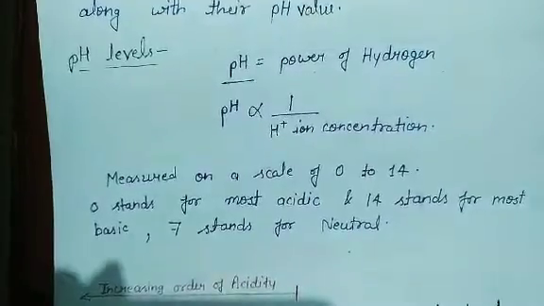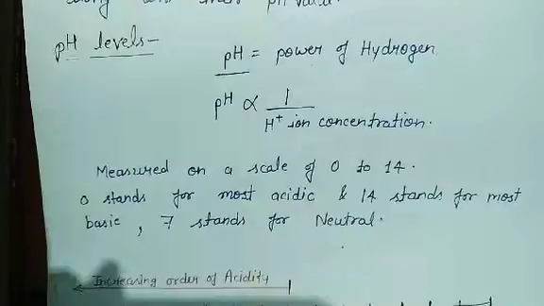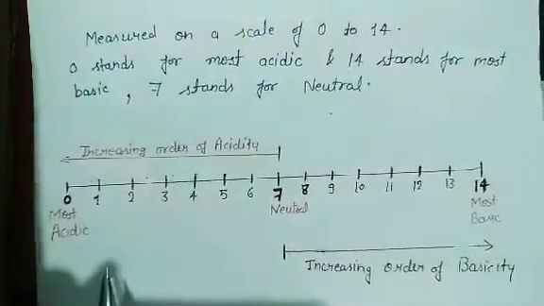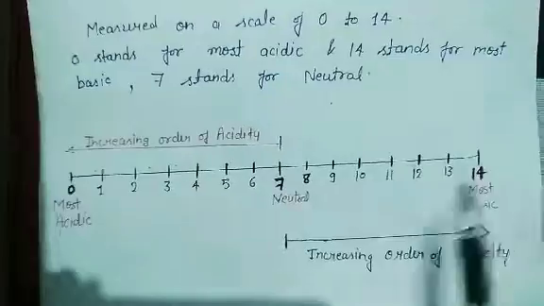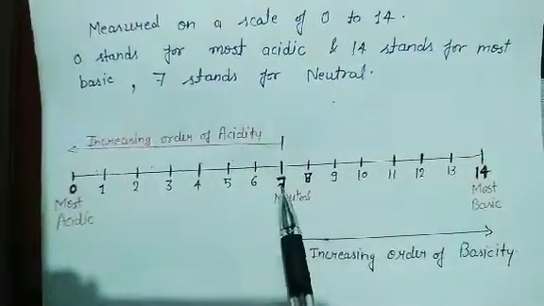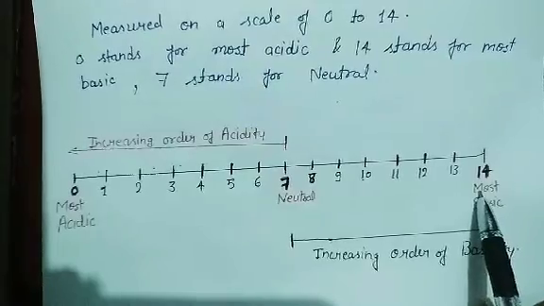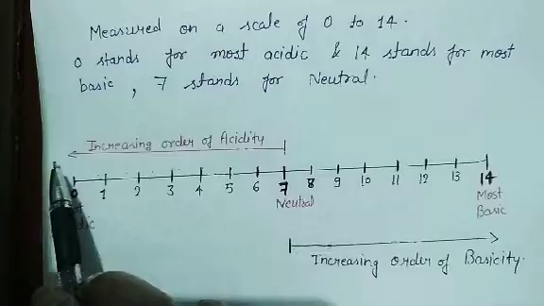So if a solution is neutral, say water, its pH will be 7 on the pH scale. So we will have a look at the pH scale itself. As you can see, it stretches from 0 to 14. 0 is most acidic, 7 is neutral like water, and 14 is most basic.